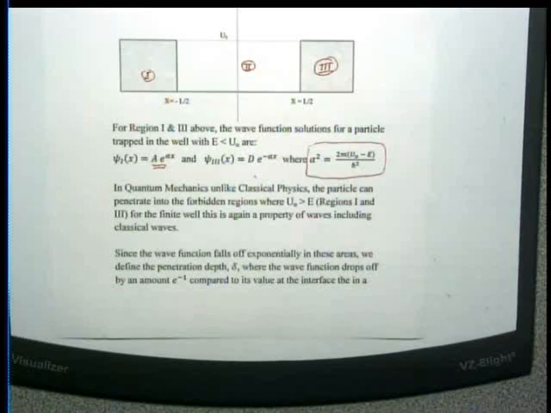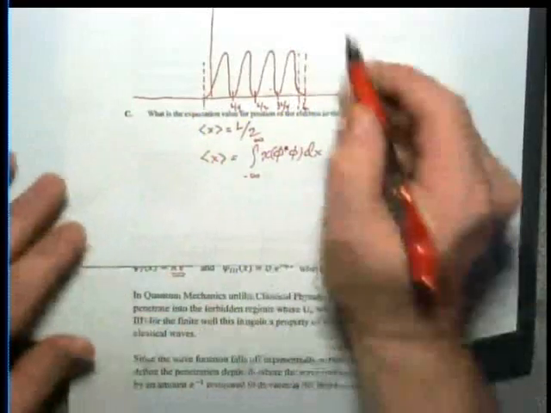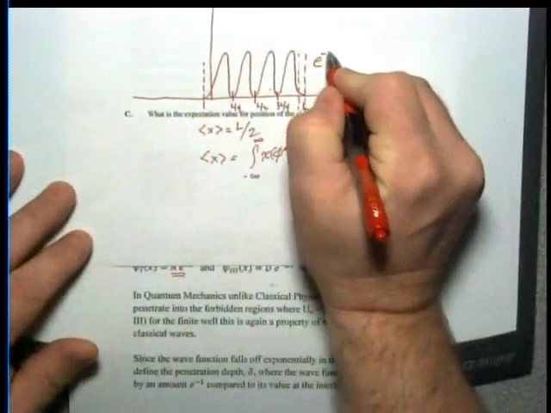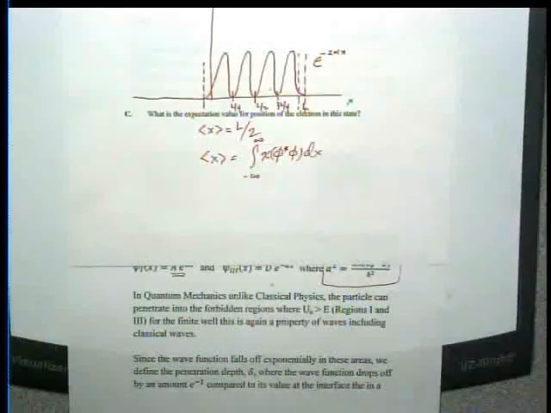And the answer is you can choose any dang thing you want, pretty much. But what you want is to choose someplace where there's not much probability left. So if you go back to our graph earlier, it drops off pretty fast. And in this region, it's falling off as e to the minus 2 alpha x. The 2 comes because you square the wave function.